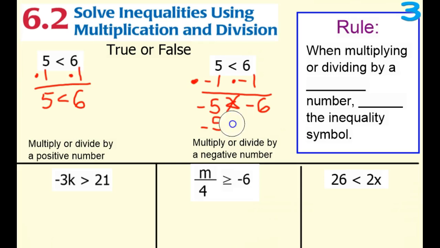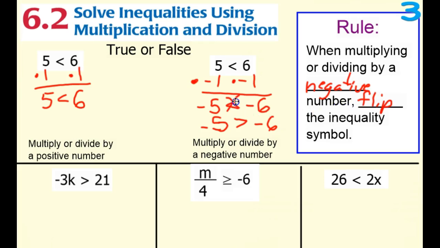So -5 is greater than -6. So when you're multiplying or dividing by a negative number, flip the inequality symbol.